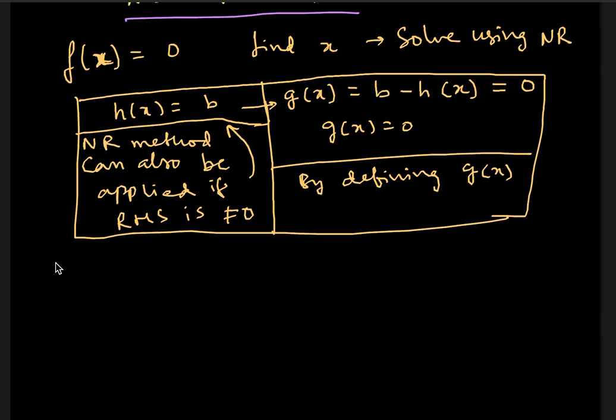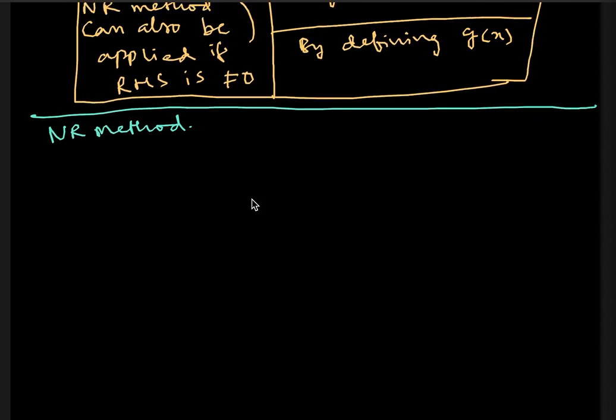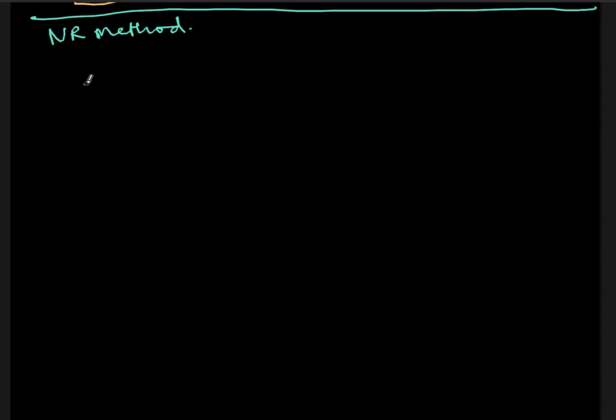As I've already explained, let me just reiterate it. The NR method makes use of the fact that we have the function. Let's say I have a function f of x.